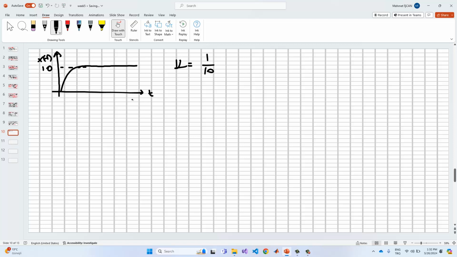And so this is the G(s) response. If we select 1 divided by 10, these coefficients affect the system like this, and so we can decrease the final value.